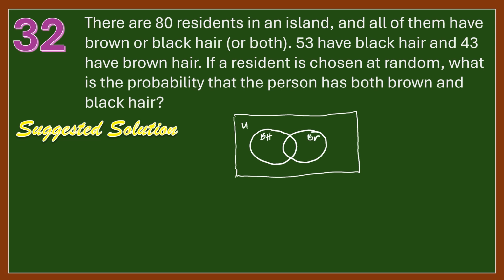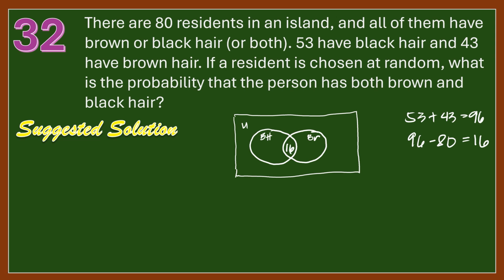Let BR be brown hair. 53 plus 43 is equal to 96. And 96 minus 80, the total number of residents in the island, is equal to 16. Hence, the intersection of those who have black hair and brown hair is 16.